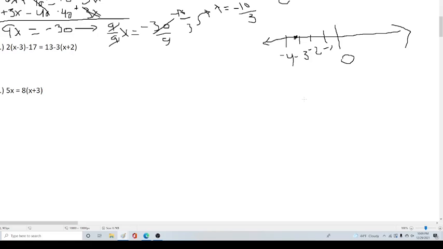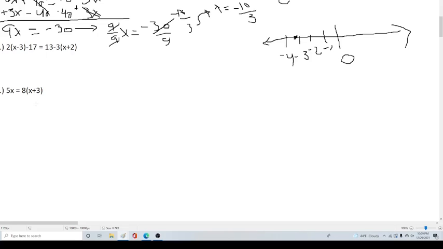Let's do another example. B. 5x is equal to 8 times the quantity of x plus 3. Now there's a couple of ways of tackling this problem. We could divide by 8 on both sides and isolate x. We could do that. Or we could apply the distributive property.